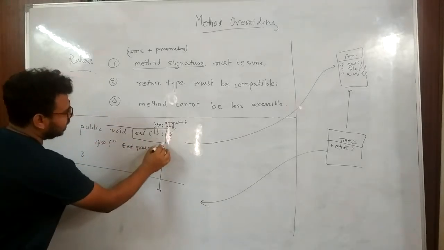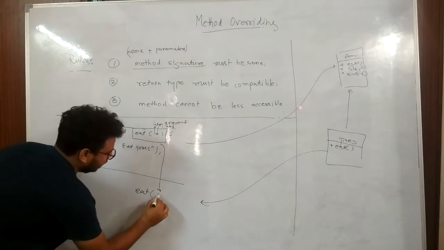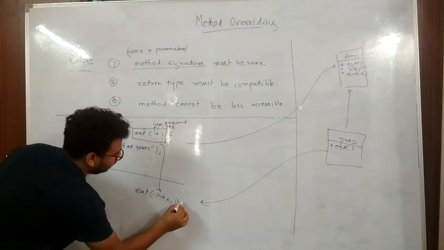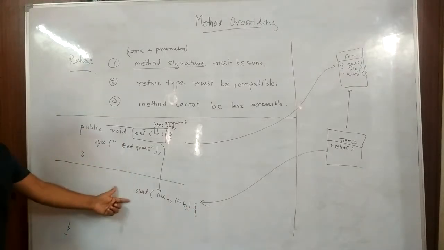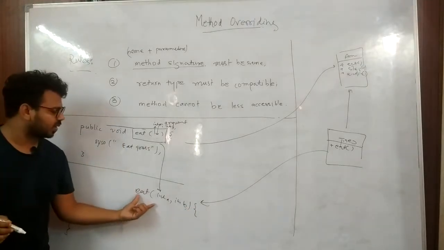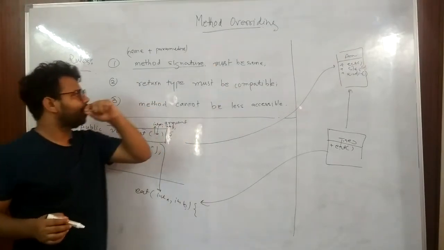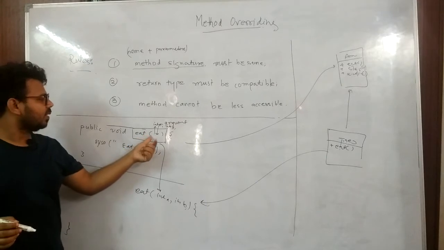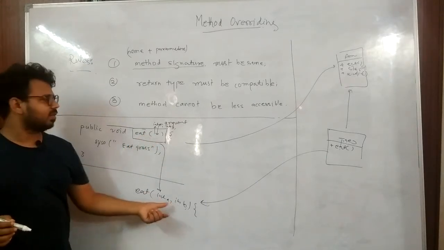The return type does not belong to the method signature, so we will talk about it later. First of all, this method signature should be the same, that is, the method name with int a, int b. So we are overriding this method, and we should keep in mind that the method signatures must be the same. That is, the method name and the number of arguments must be the same.